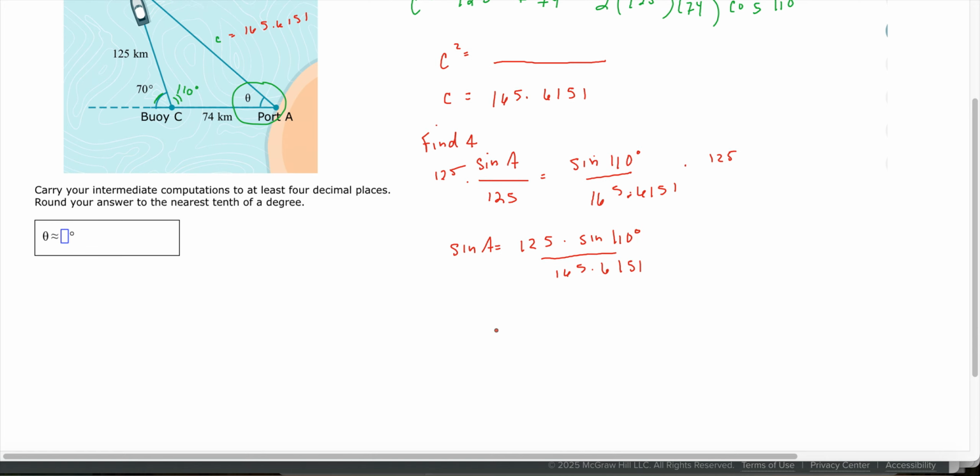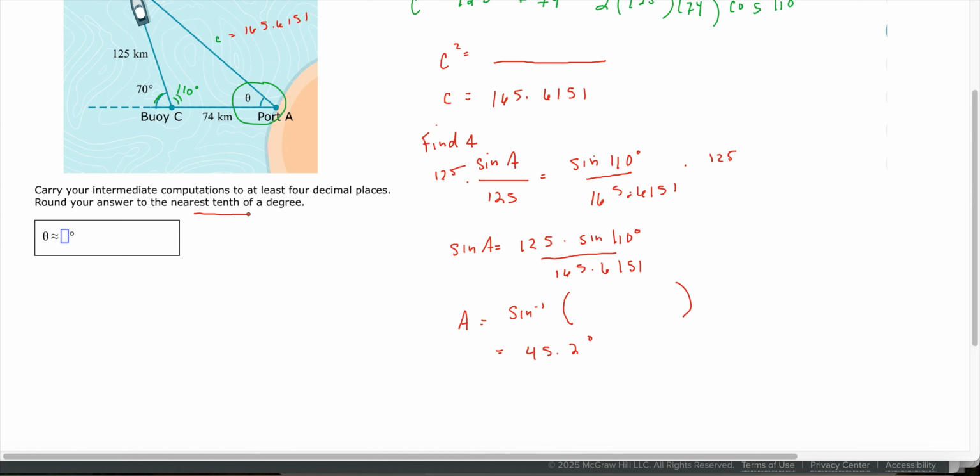And then since we really want angle A, it's going to be equal to sine inverse of that quotient. So that's what I'm going to plug into the calculator: sine inverse of 125 times sine 110 over 165.6151. And that will give me 45.2 rounded to the nearest tenth.